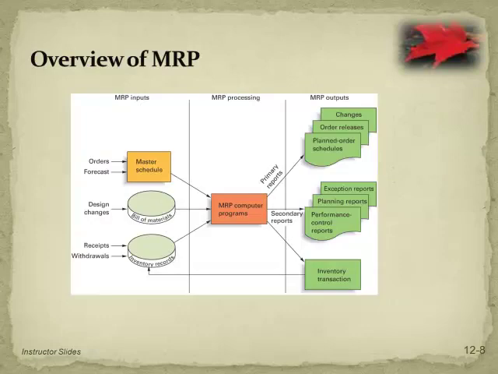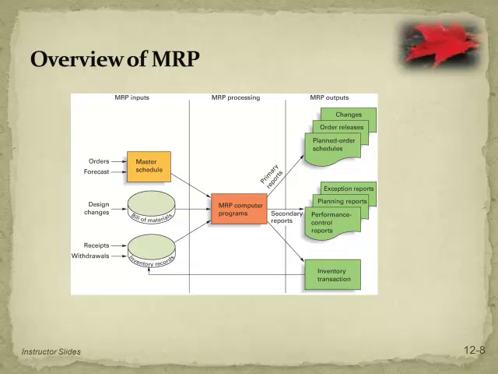This slide shows from a graphical point of view all of the inputs going into this computer information system program and the outputs that come out of it. We can see that there are three inputs that come into the software program. One is the master schedule, which we have already covered in another chapter.